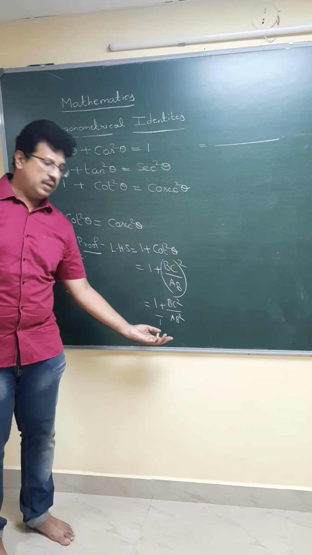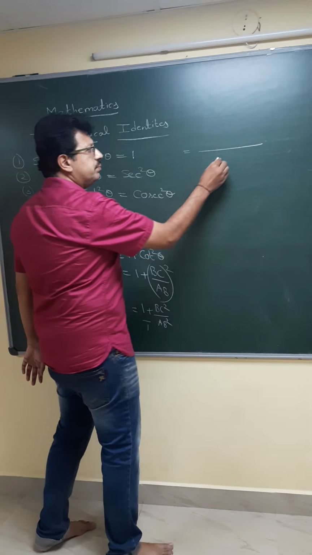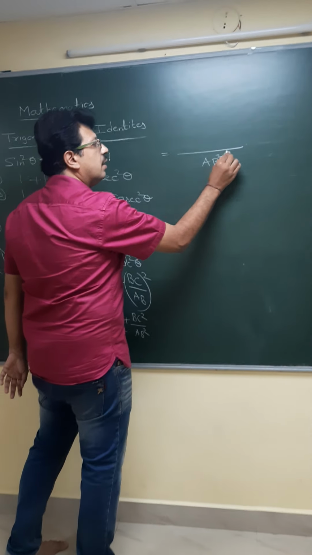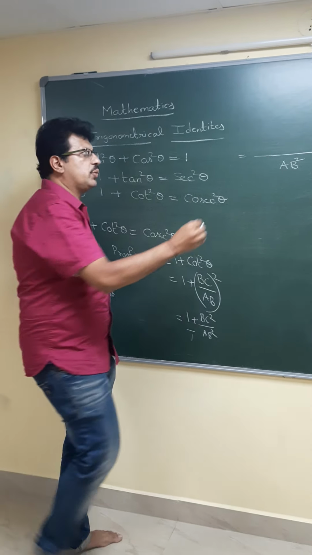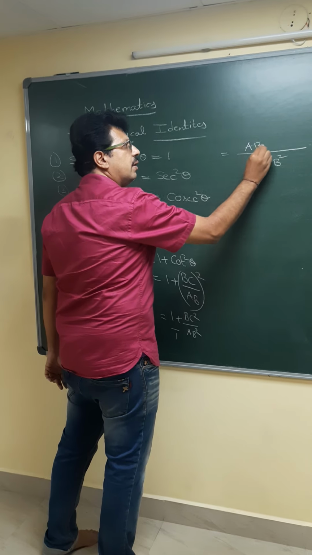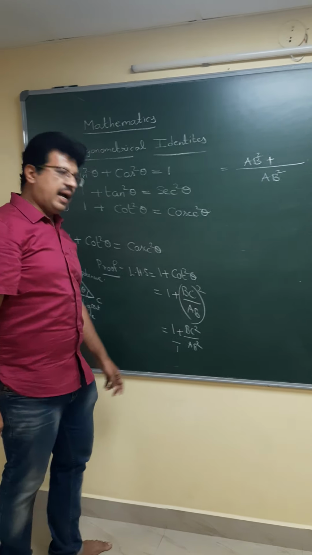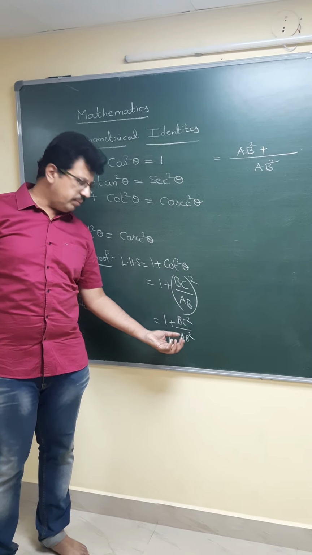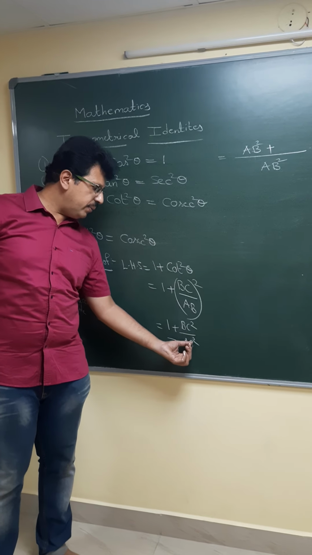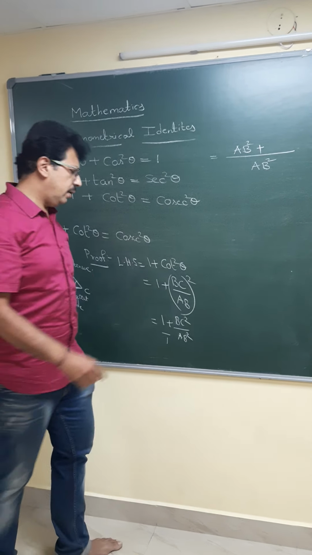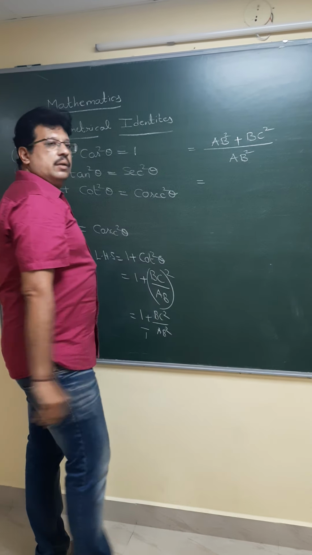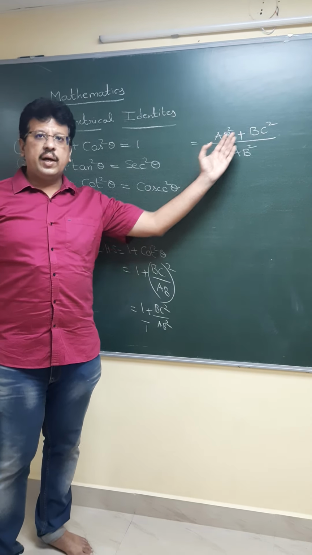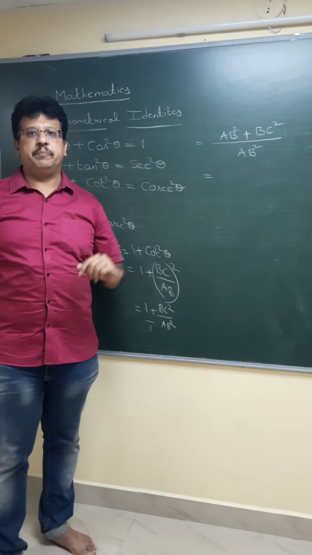That's a basic step. AB square is the LCM. AB square into 1 is AB square. That's the LCM concept. AB square plus, as I already explained about how to take LCM, BC square by AB square will cancel. You are going to get plus BC square. So we got AB square plus BC square by AB square.